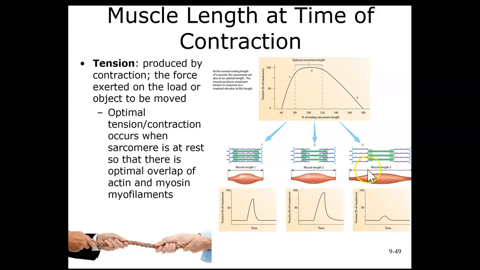With muscle length number 3, the muscle is stretched severely, and the tension produced when the muscle contracts is going to be small because there's very little overlap between the actin and myosin filaments, and so fewer cross bridges can form in order to get more tension. So we've got really minimal tension here, I would say like 20%.